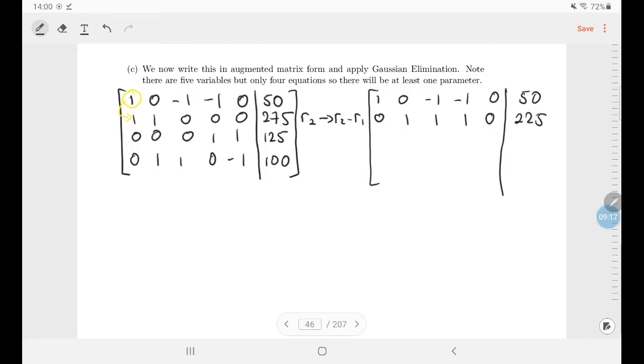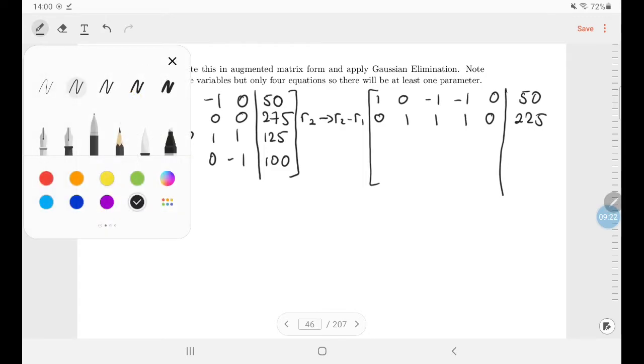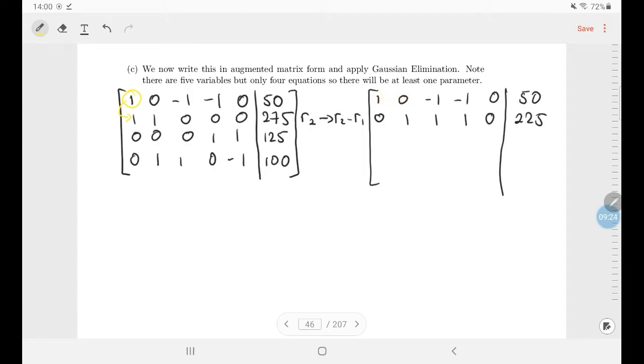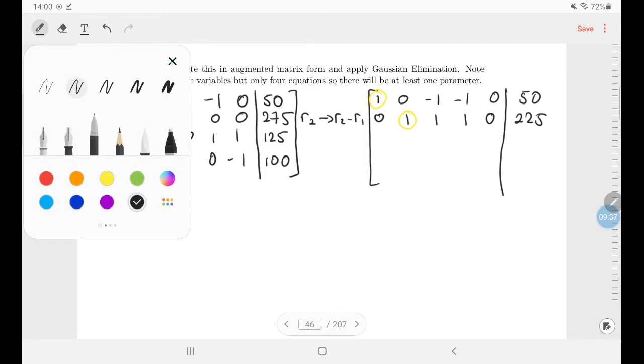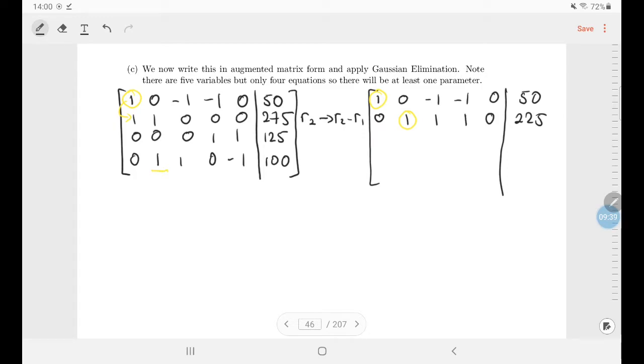Now, we could be a bit smart here, because we could keep on writing, and that's normally what I would do, because I have the 1s and I have the 0s underneath, but now I actually have a pivot here. I could actually attack this. So row 3 is fine, 0, 0, 0, 1, 1, 125, but I'm going to go after row 4.